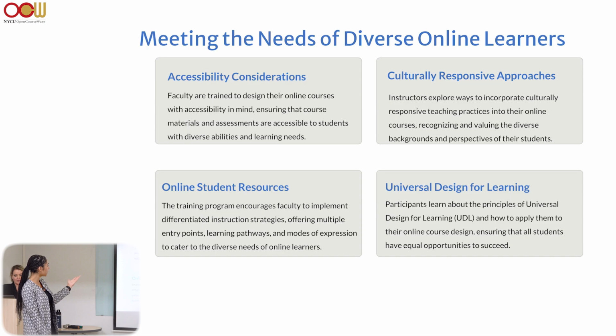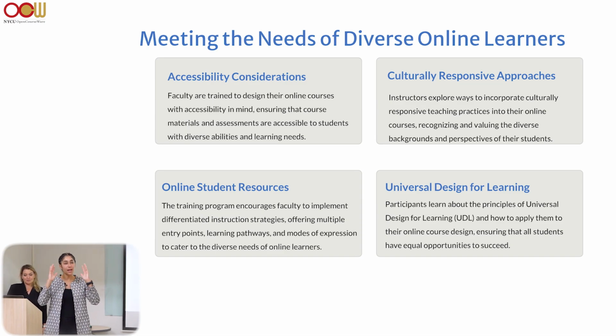So when we think about accessibility, again, designing the course so that a student isn't trying to figure out what to do and where to go, but a clear and consistent pattern so that a student can focus on the reading, the learning, and demonstrating what they learn.